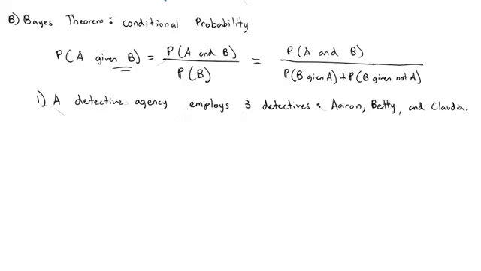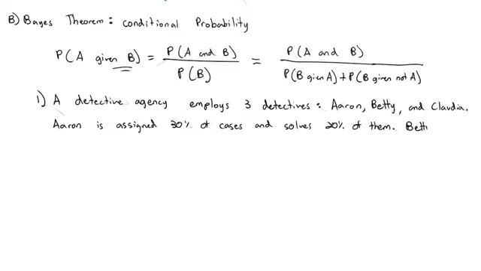ABC. Aaron is assigned 30% of the cases and solves 20% of them. That means of the ones he's assigned, he solves 20%. Not 20% total, but 20% of the 30% he was assigned.